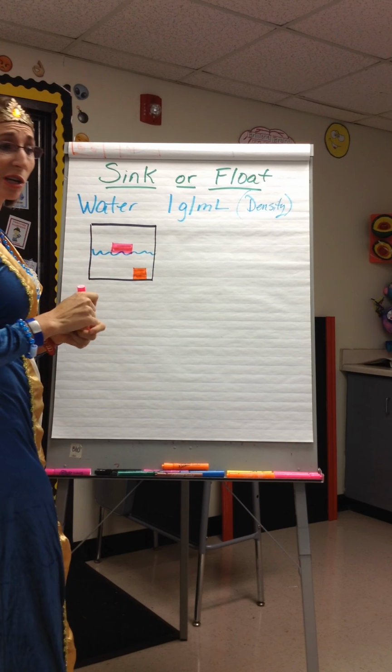I'm just choosing colors. You don't have to match my colors. So the density of water is 1 gram per milliliter. Is this orange more dense than water or less dense than water?